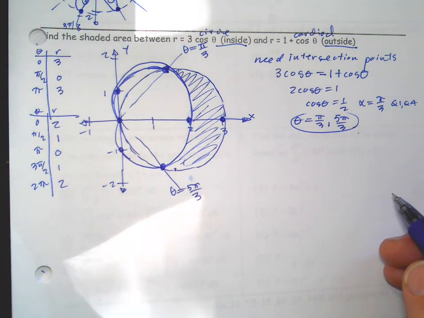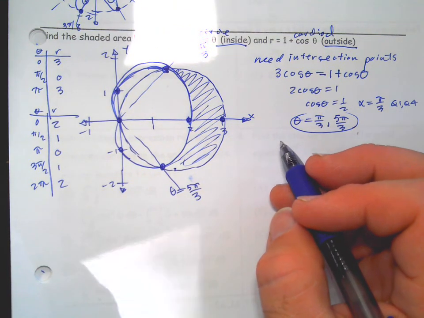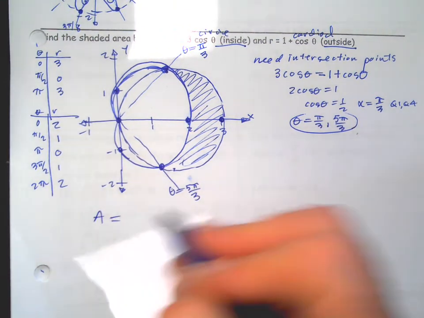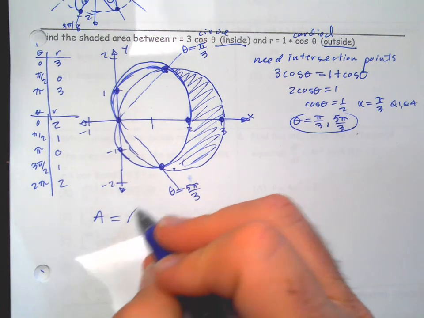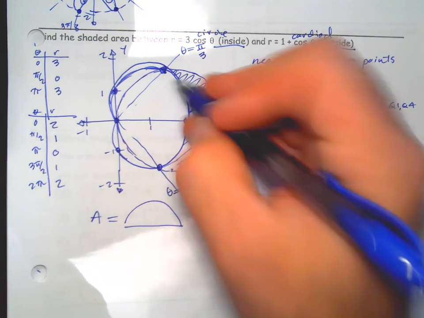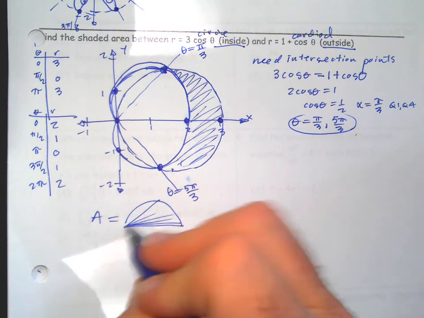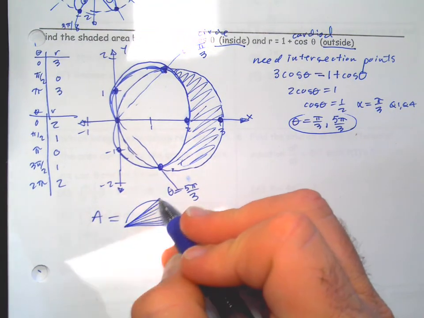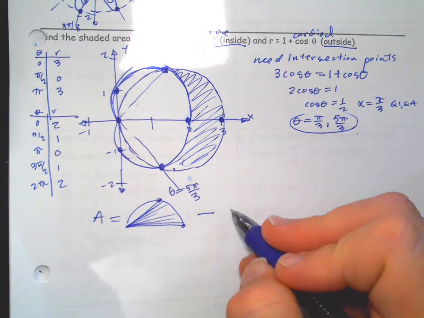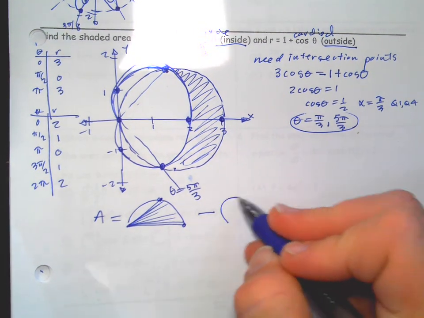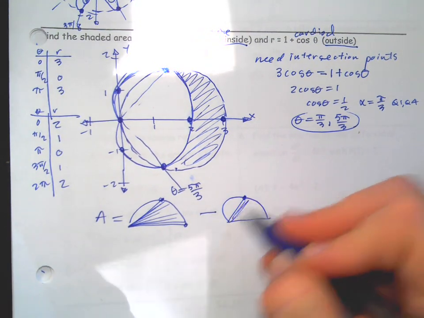But, okay, so now, when you find the area, here's our strategy. Let's use symmetry to help us. Let's find this area right here. Now, when you find polar areas, you're finding it by slicing. So let's find this area from 0 to pi over 3 inside the circle, and then subtract the corresponding area in the cardioid to that same point.